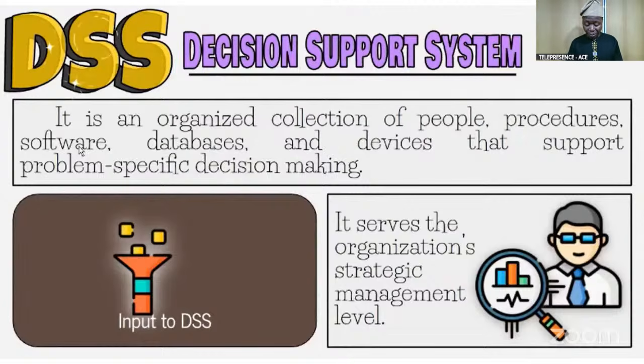For example, if I want to make an informed decision about a particular product, I will look at the business side. Let's take an agricultural product, the agricultural produce. We know that in the rainy season there are some farm produce that we see more of on the ground, for example maize, cassava, and some others.